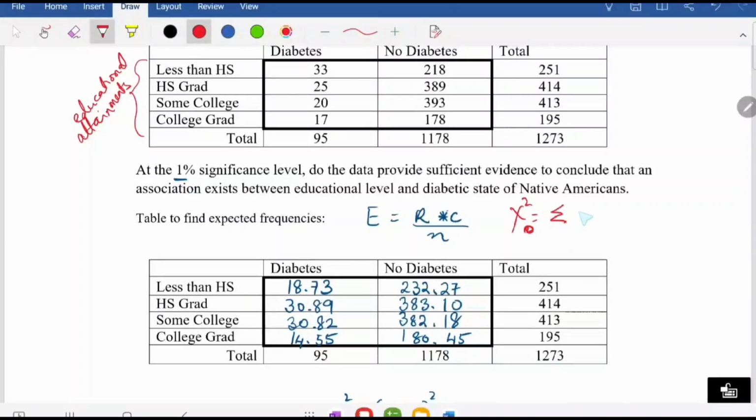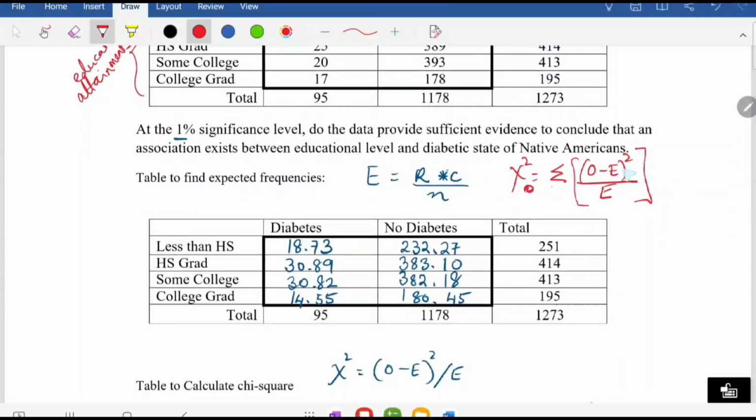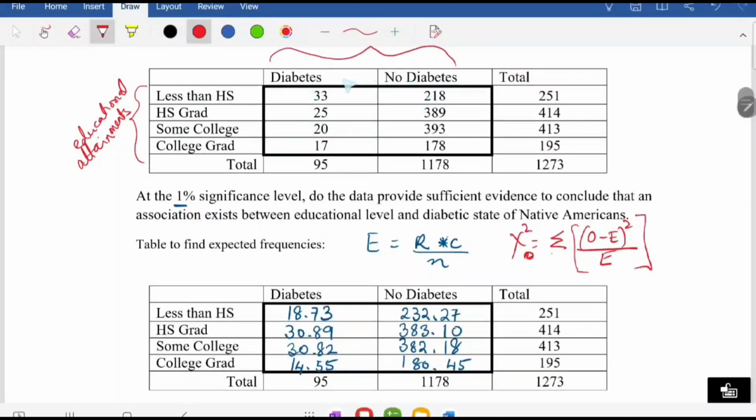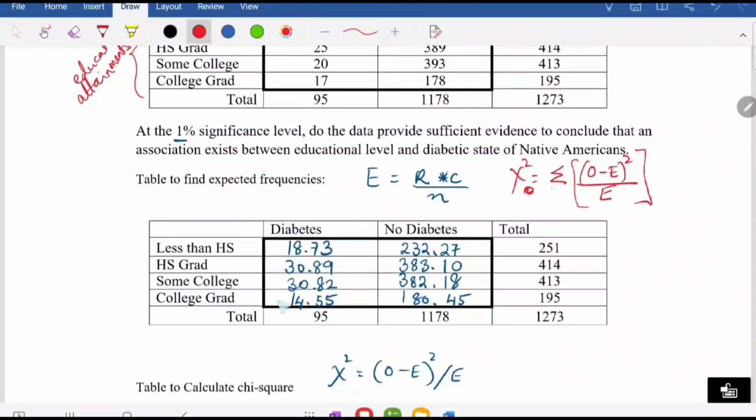Chi-squared sub 0 is sigma of O minus E, whole squared, divided by E. But we first have to find E. The observed values are all these values given to us in the initial table. I have given you a table over here, but you have to compute the expected values.